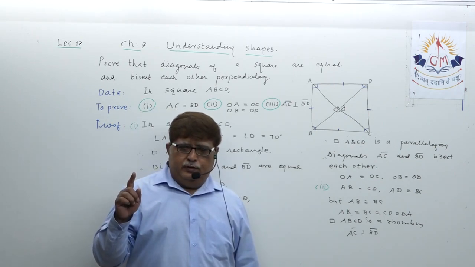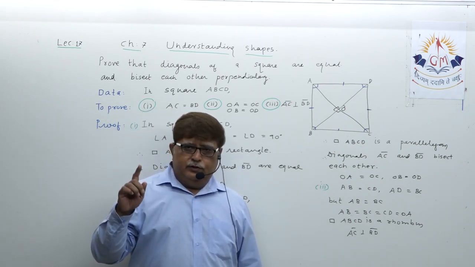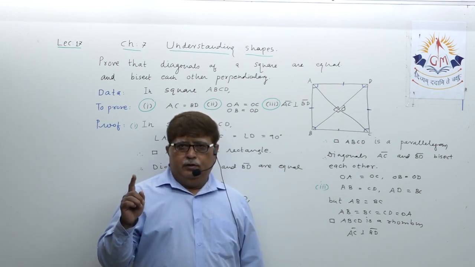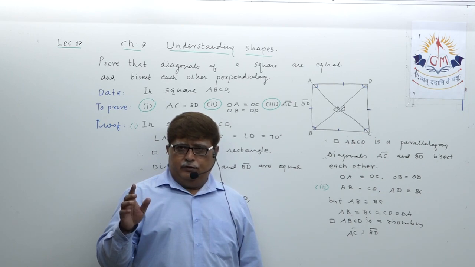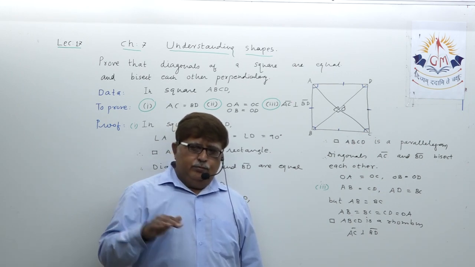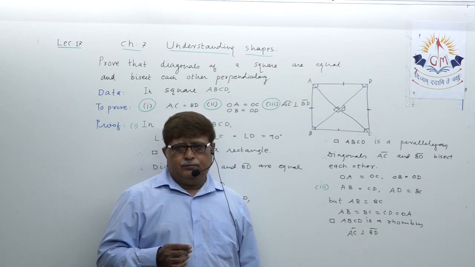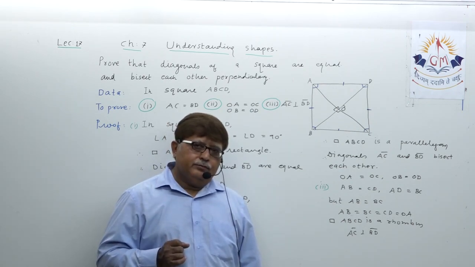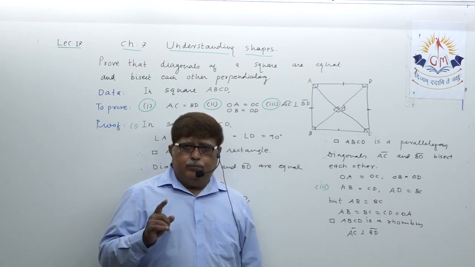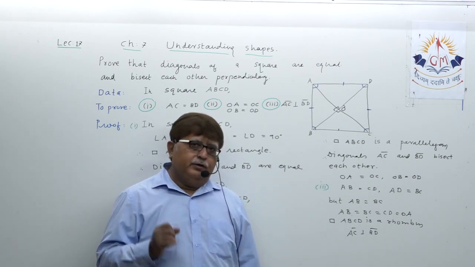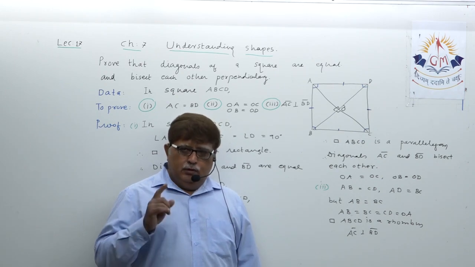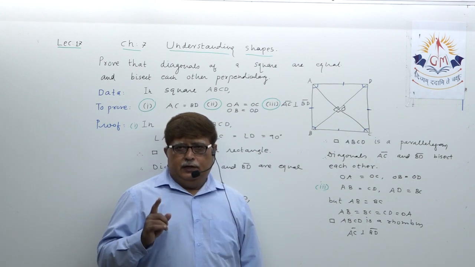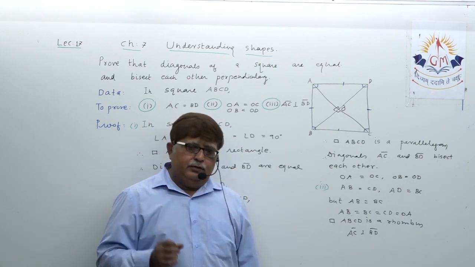Suppose we discuss parallelogram: opposite sides parallel, opposite sides congruent, diagonals bisect each other. Come to rectangle: opposite sides parallel, opposite sides equal, all angles right angle, diagonals are equal.